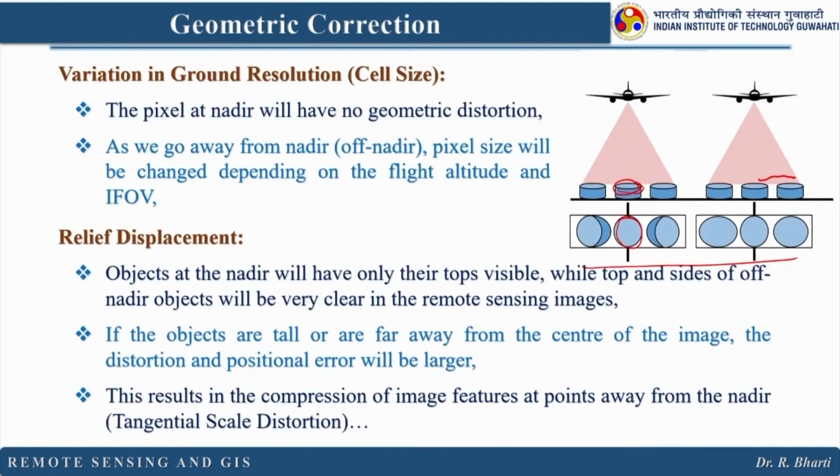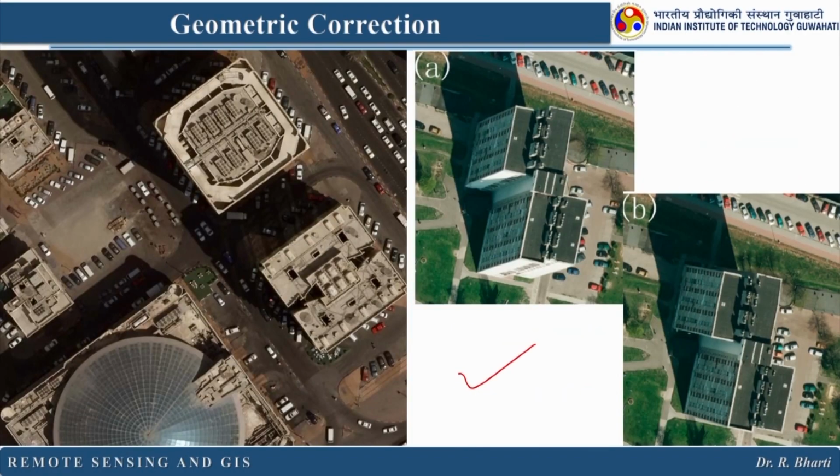You can see here that in these buildings, from here to here, all these tops and bottoms are visible, and the center pixel is not this one, it is somewhere else, where you do not have any side visibility.